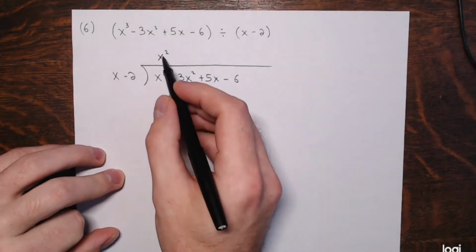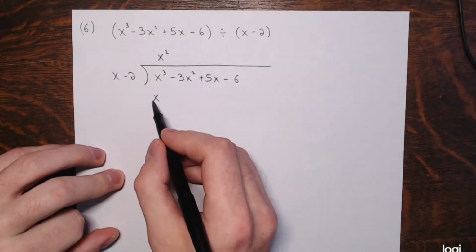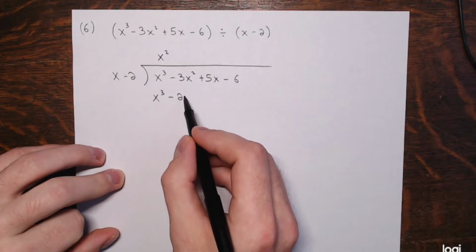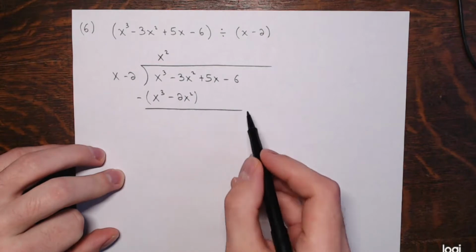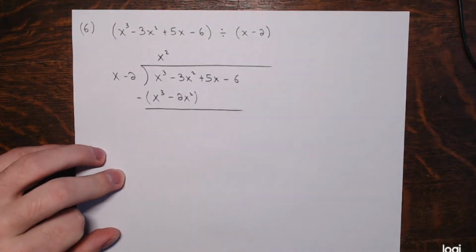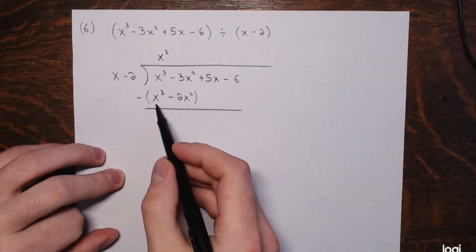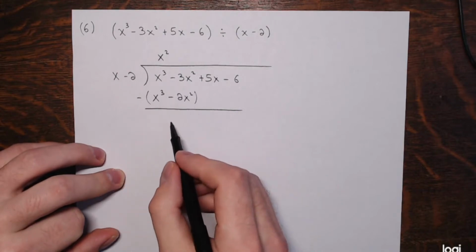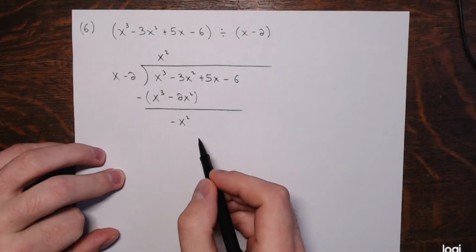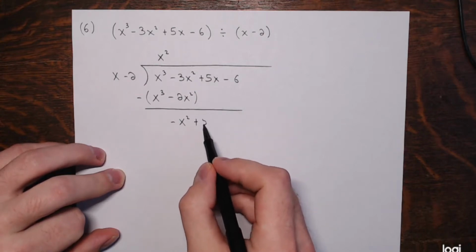Multiply by the divisor, we get x cubed minus 2x squared. Subtract that entire line from the line above it. You get no x cubed now, and then negative 3x squared plus 2x squared would be negative 1x squared. And then you've got positive 5x minus 6 still.